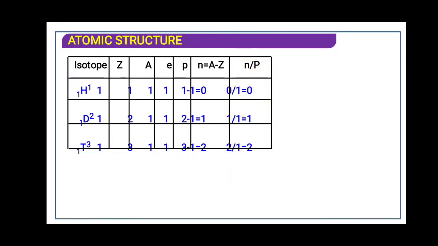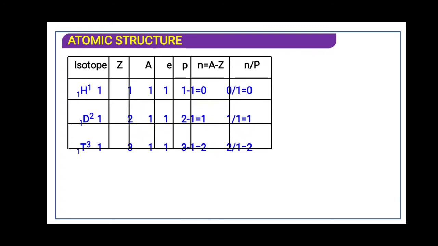Now in deuterium, there is a space bar problem, don't worry about that. Z is the atomic number 1, so proton is 1. A indicates mass number, and the mass number is 2, you can see on the top. Electron number is 1, proton is 1.